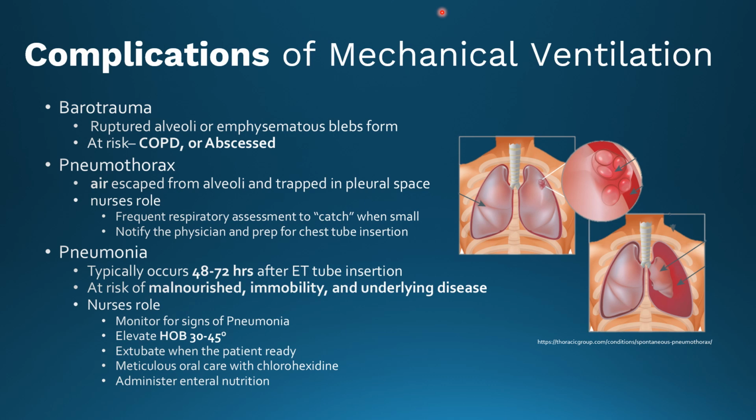We need to use endotracheal tubes with subglottic secretion drainage. We need to perform meticulous oral care, as I've previously stated, and we need to ensure that the patient has appropriate nutrition. So these patients should have appropriate enteral nutrition within 24 to 48 hours of endotracheal intubation.